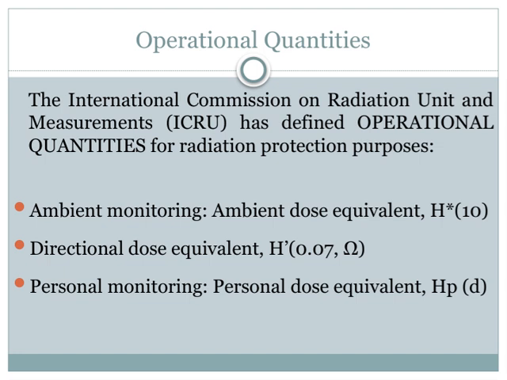Moving on to personal monitoring, which focuses on individual exposure, we have the personal dose equivalent, Hp(d). This quantity measures the dose at a specific depth, depending on the type of radiation and the part of the body being monitored. It helps us quantify the dose someone might receive during their work or daily activities.